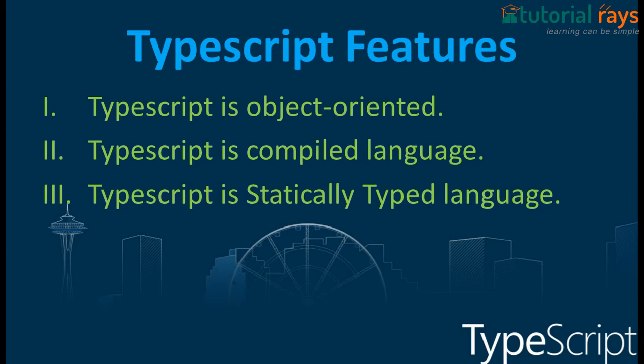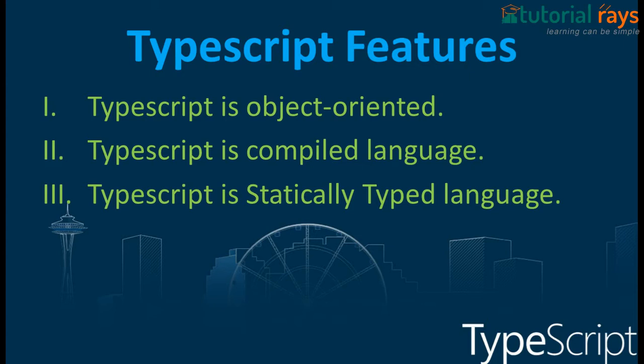The third one is that TypeScript is a statically typed language. As you know, JavaScript is a dynamically typed language, but TypeScript is statically typed. Java is also a statically typed language, and C++ is also statically typed. So what does that mean?